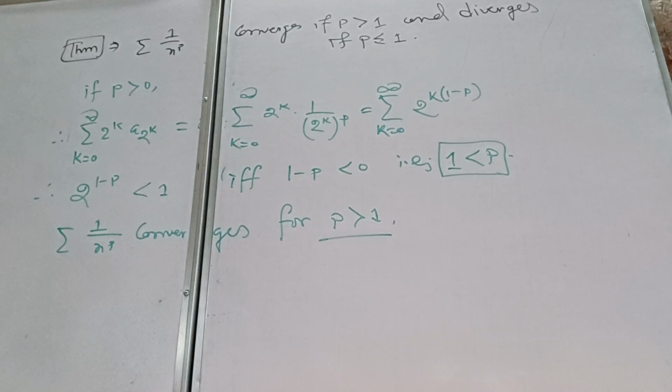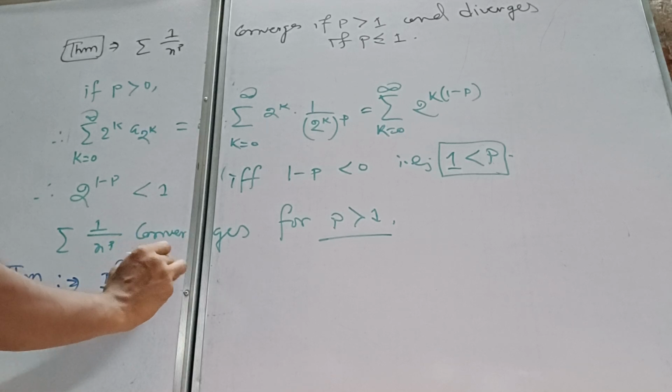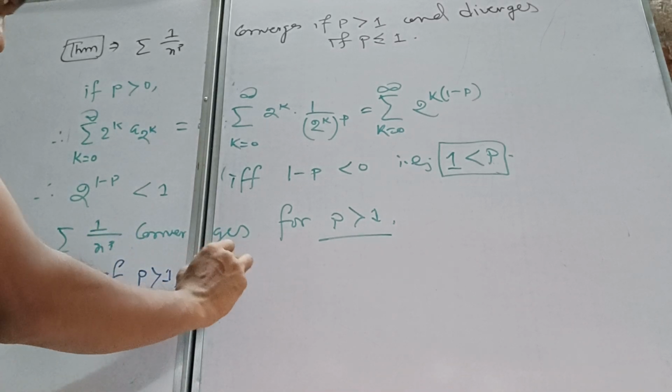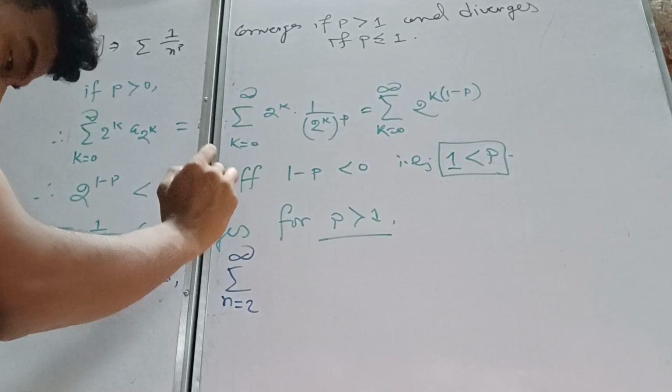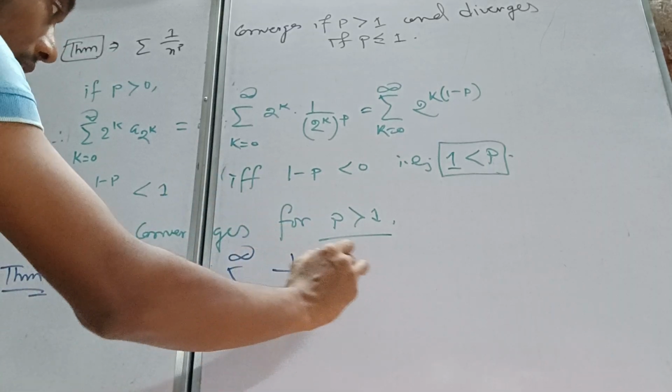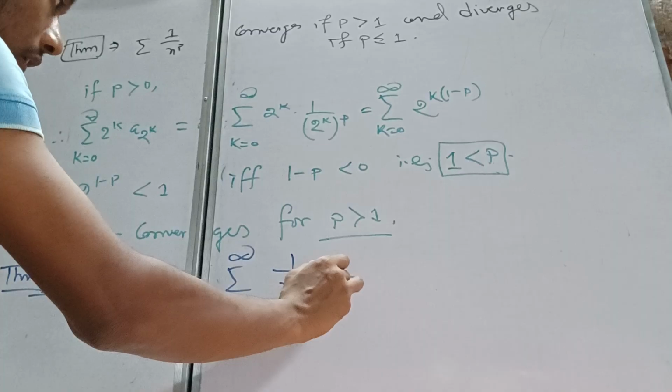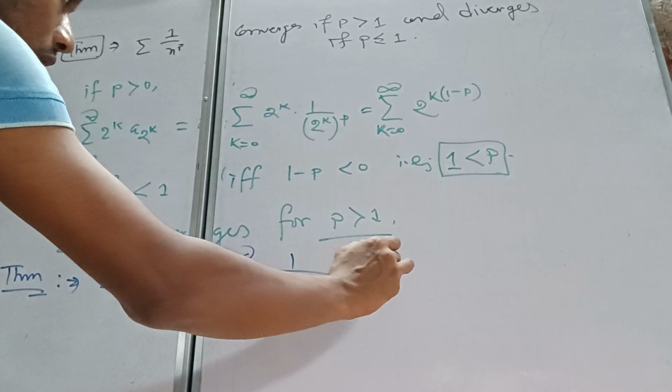Now we go to another topic that is related to that theorem. We write the theorem: if p is greater than 1, then summation n equal to 2 to infinity 1 by (n log n) whole to the power p converges.